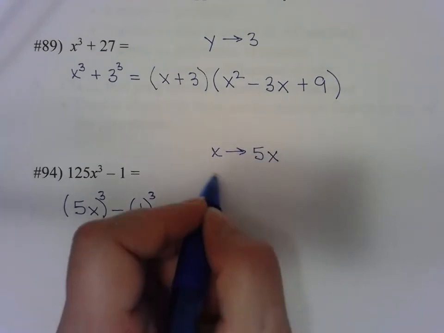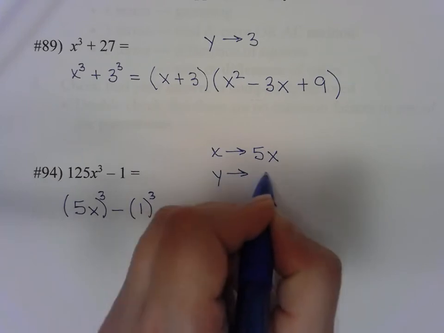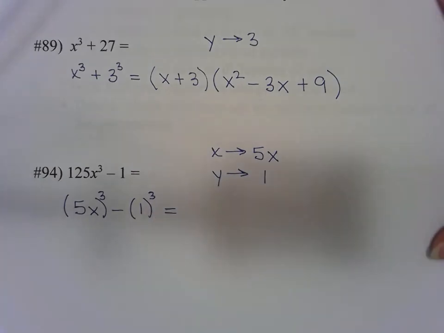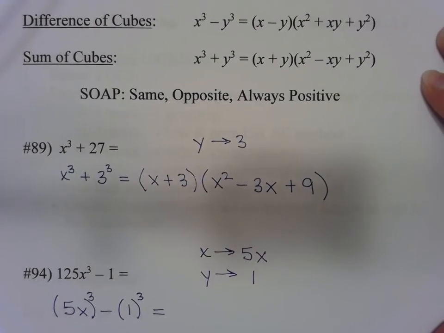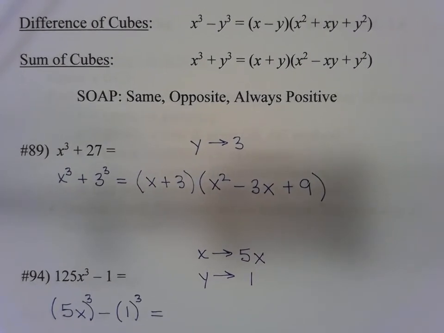And I'm going to be replacing the y in the formula with a 1. This time, can I fit it all on one screen? Barely. Okay, this time we're using the difference because we have a subtraction in the middle.